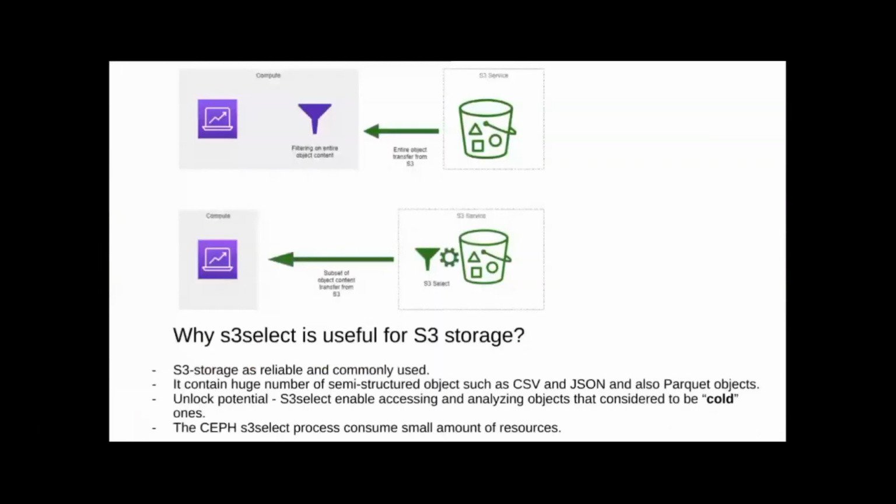And why is S3 Select so useful for S3 storage? Our S3 storage, as you probably know, is reliable, efficient, and relatively cheap. A typical Ceph user may aggregate over the years tons of objects. These objects contain a huge amount of data, structured and unstructured.